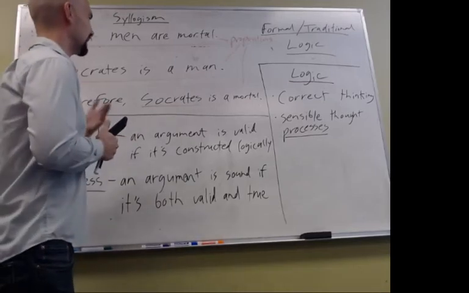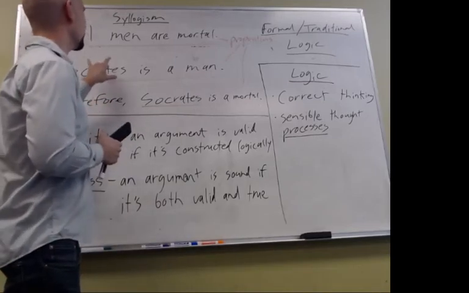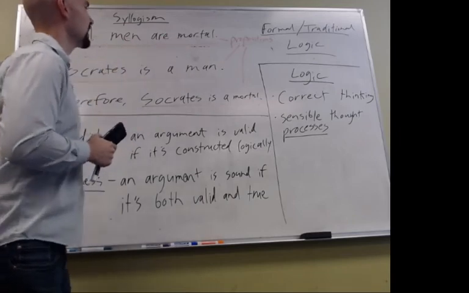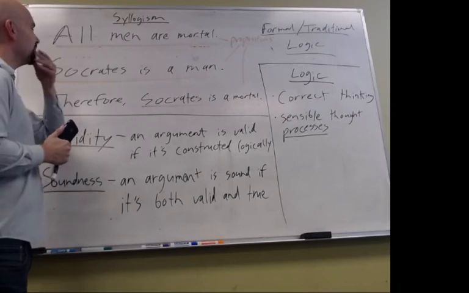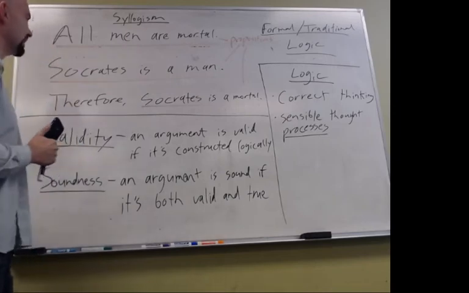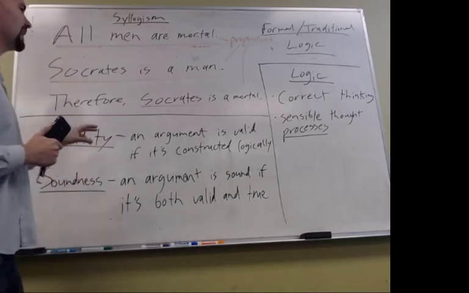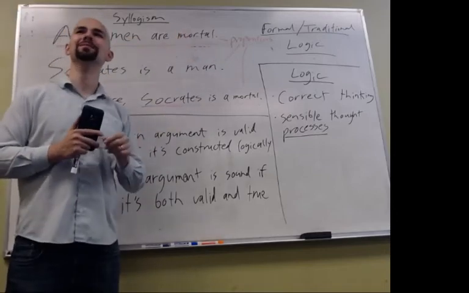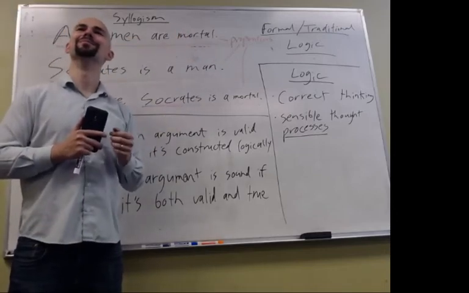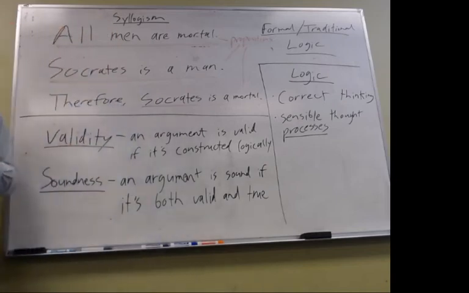So it's either logical or illogical. Each proposition is going to be true or false. Either all men are mortal is true or it's false. But then this entire argument is either going to be valid or invalid. And if the whole argument is built on true propositions and it's valid, then it's going to be sound. Does that make sense?